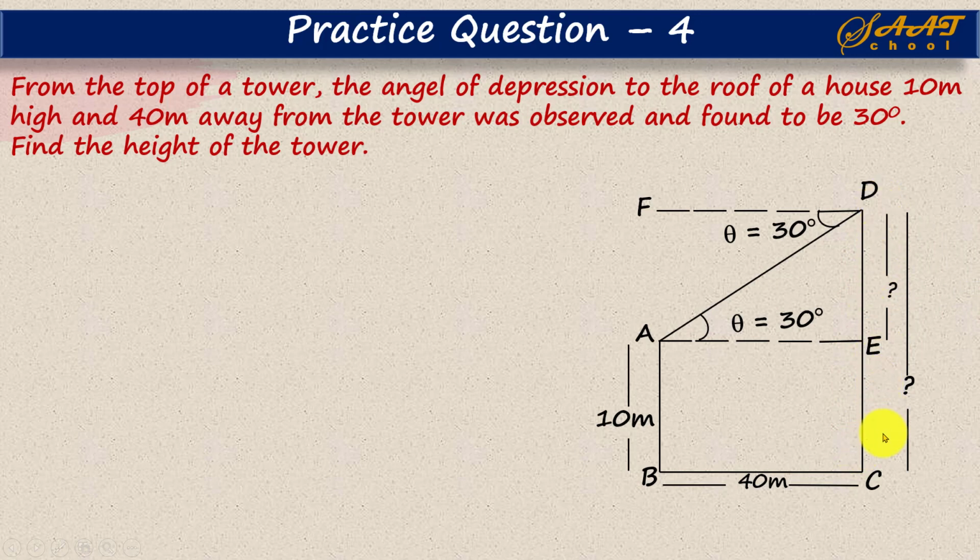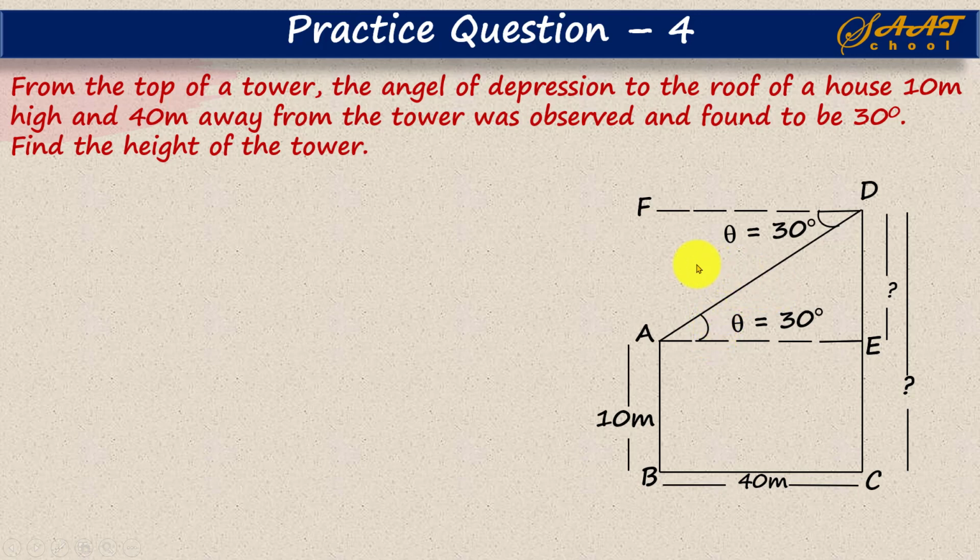To find the height of the tower, we have to first find the length of this DE. This is what we did in practice question 3 as well. So the difference is, in practice question 3 there was an angle of elevation. Here in this question there is the angle of depression. So the difference is only the angle here, which is the angle of depression, and this angle of depression is always equal to this angle, again because these two lines are parallel.